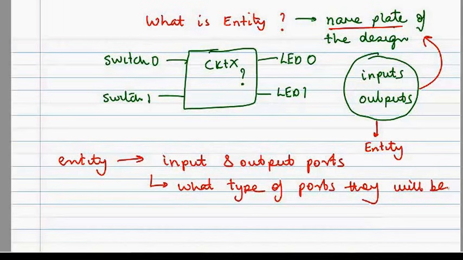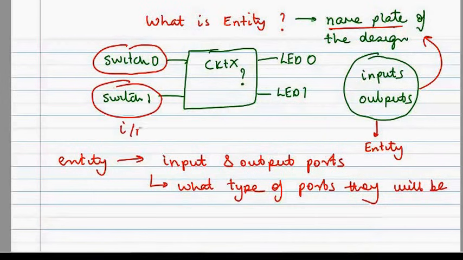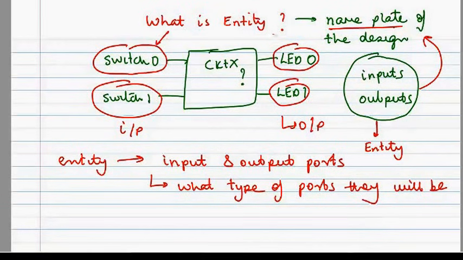We'll see an example soon. So in my entity I specify switch 0 and switch 1 will be of the type input, LED 0 and LED 1 will be of the type output. Entity helps me specify this.